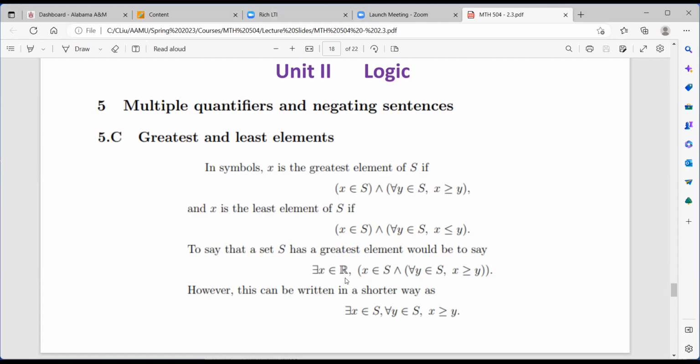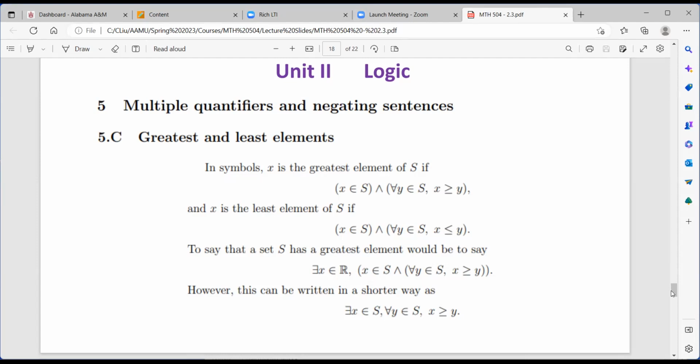And we can make it shorter, since we don't have to say x belonging to R. It's a real number by default. Okay, so we just say there exists x in S, so that for any y in S, x greater than or equal to y. So we don't have to write the conjunction here also.